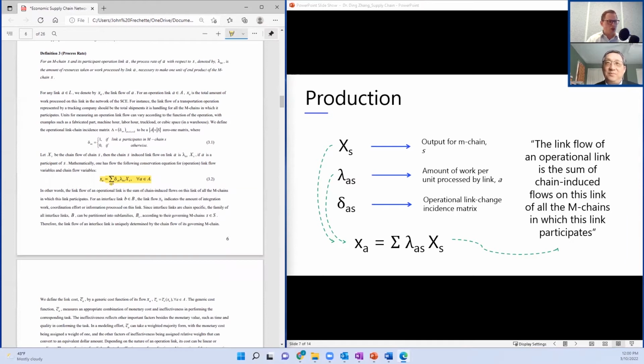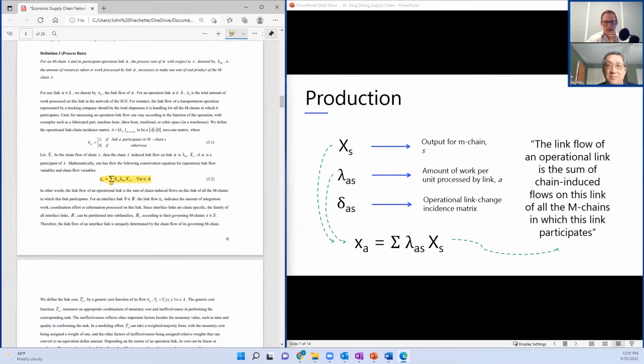And I'll just call out specifically what we're measuring with XA, or what Dr. Zhang is trying to measure with XA, is the amount of output associated with basically an input, which is an operation link. So the different variables included are the total output for the market chain, the M chain. In this case, we call the M chain S. This is an independent variable for output.